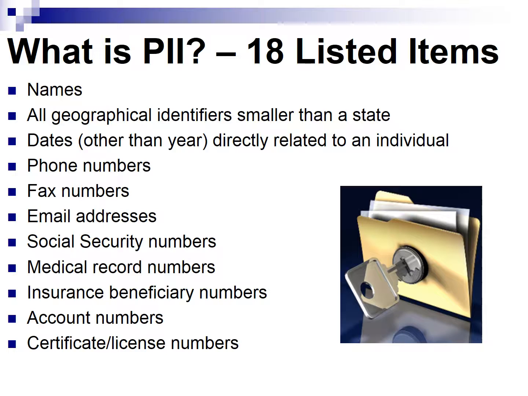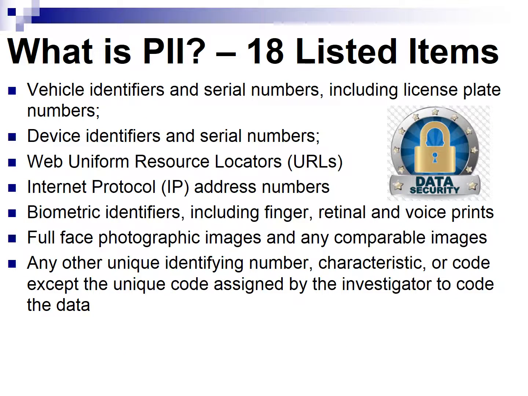The current list includes 18 items. As new forms of personally identifiable information evolve, it can be expected that this list of 18 items will expand accordingly. It is worth noting that both vehicle information and images are on the list of PII.